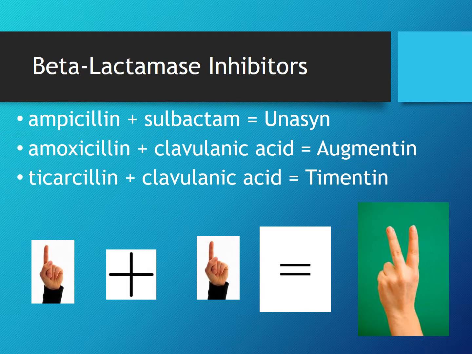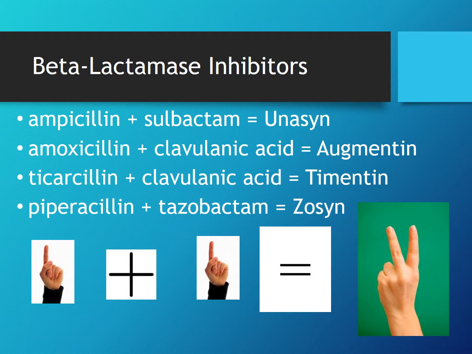So these combination drugs are bound with other beta-lactam antibiotics, and they act as competitive suicide inhibitors of the bacteria's beta-lactamases. They bind with the enzyme and allow the antibiotic to reach the target site, so that they're going to act more effectively together than they did separately. And then there's another one, piperacillin and tazobactam.